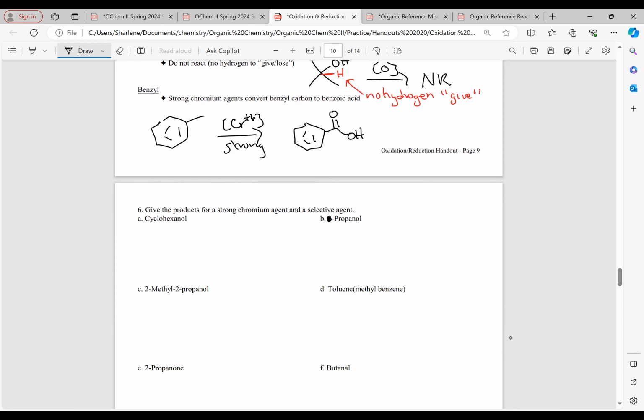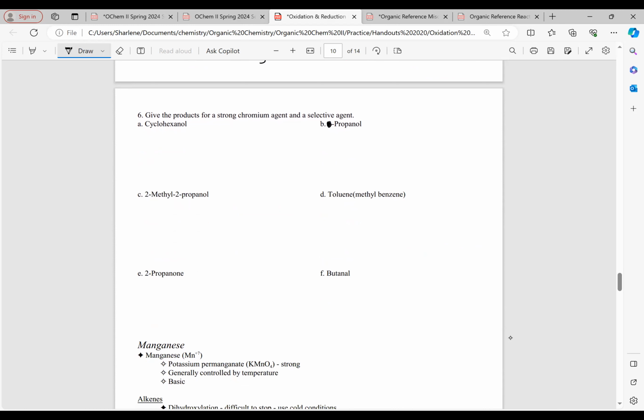Then I give you some problems here. Give the products for a strong chromium reagent and a selective one. So we'll just do the first one together. We have cyclohexanol. If we use a strong oxidizing agent, we're going to get cyclohexanone.